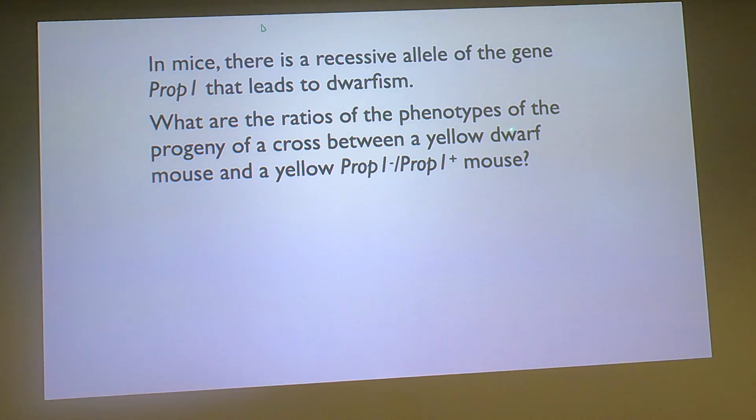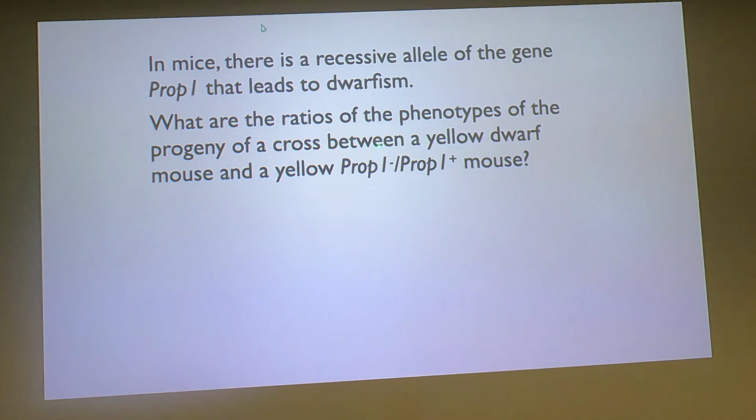So we got a yellow dwarf. So that's going to be heterozygous, right? And we got the dwarf mouse. That's going to be prop 1 minus, prop 1 minus. And then we tell you over here we got another heterozygote here. Now we want to figure out those proportions. And one of the first things you should always do is when you see a problem with all this genetics gibberish, all these comfortable genetics words, break it down.